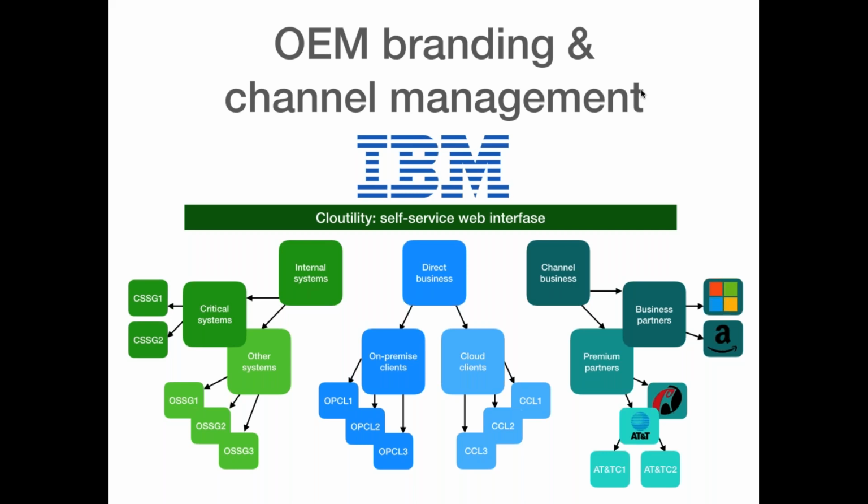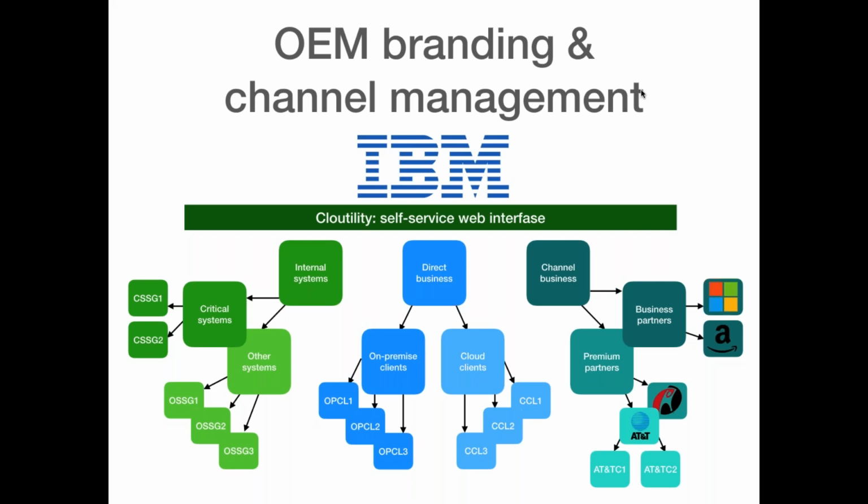It's probably not going to happen, right? But actually, this Cloutility solution could be branded like IBM on all tenants, except down on the business partner tenants. These tenants and all descendant tenants could be branded as somebody else.